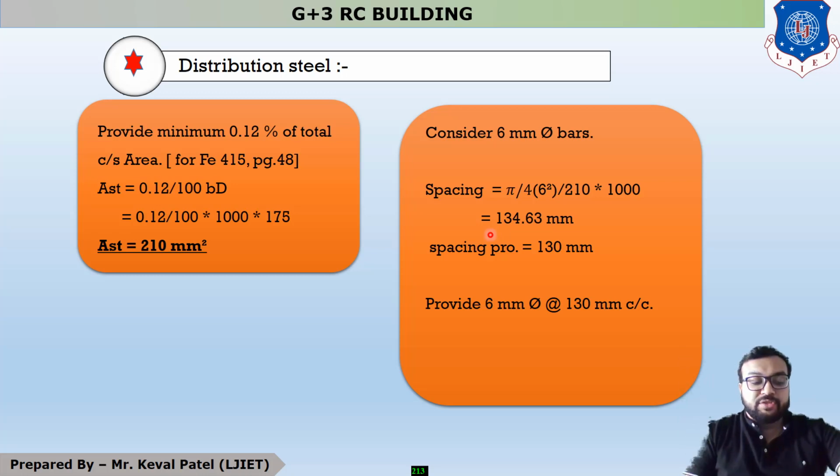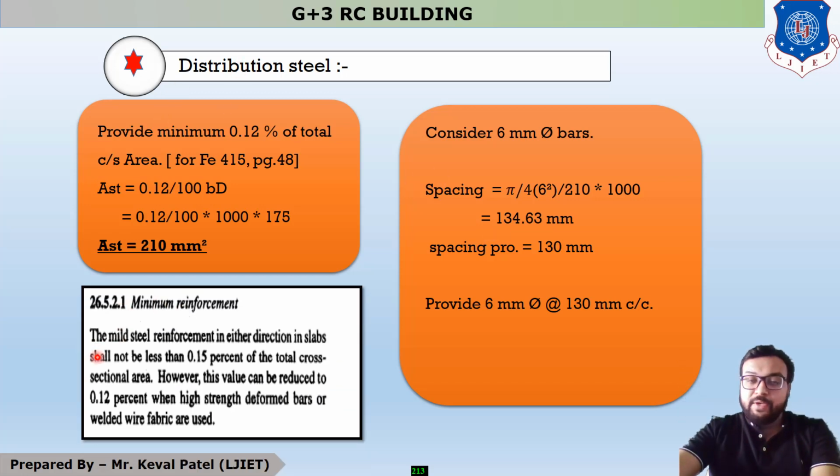For distribution steel, you have to provide minimum steel, which is as per IS codal provision on page number 48: if you use mild steel, that is Fe 250, then it is 0.15 percent of Ag, and if you use Fe 500 or Fe 415, which are called HYSD bars, then you have to provide 0.12 percent of steel.